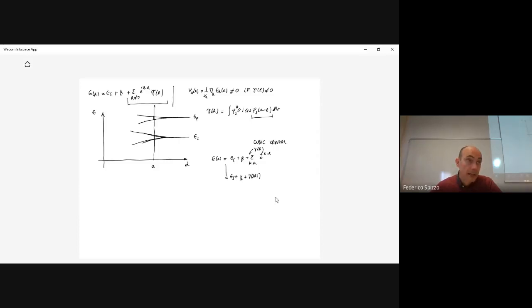To stress the fact that gamma depends just on the modulus, I write gamma of modulus of R. And then I have the summation.